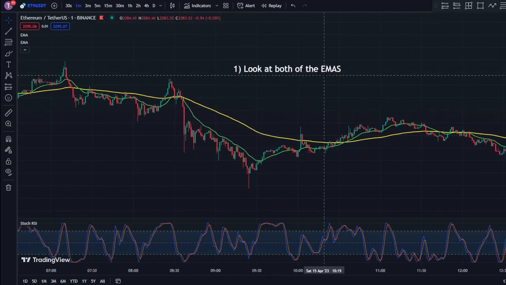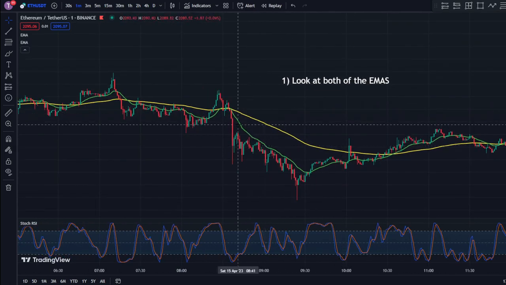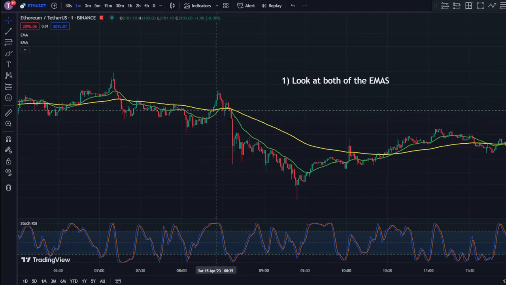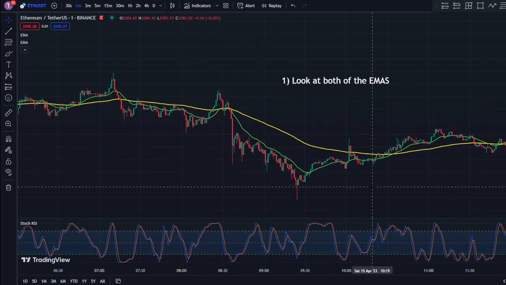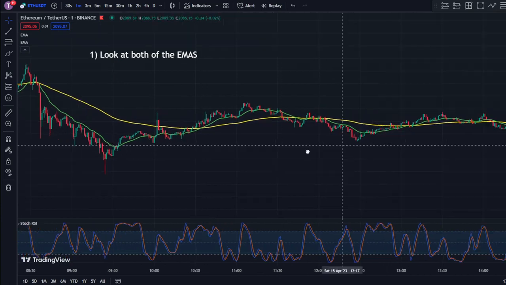So how are you going to look at the EMAs and judge where the trend is going? Basically, when the green EMA, the 20 EMA, is below the yellow EMA, the 100 EMA, this means that price is in a short-term downtrend and you only want to take short positions. This is because you always want to follow the trend.